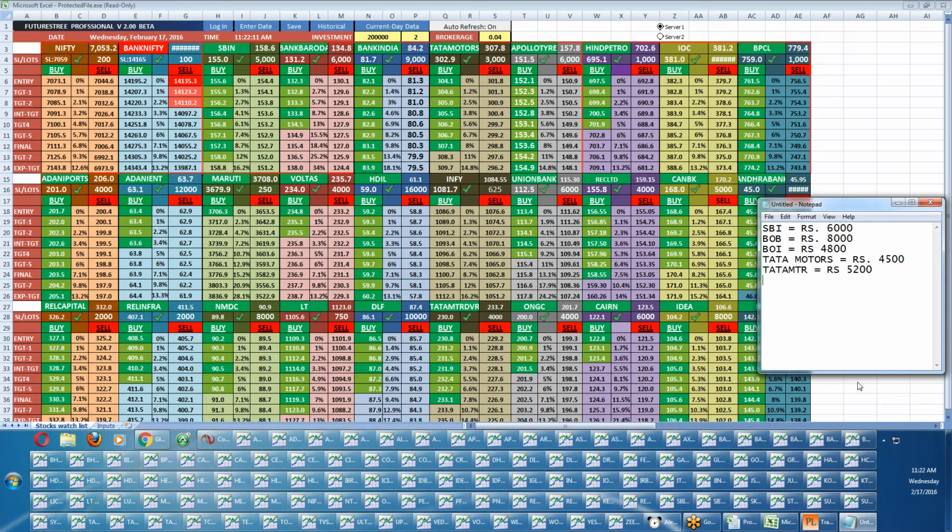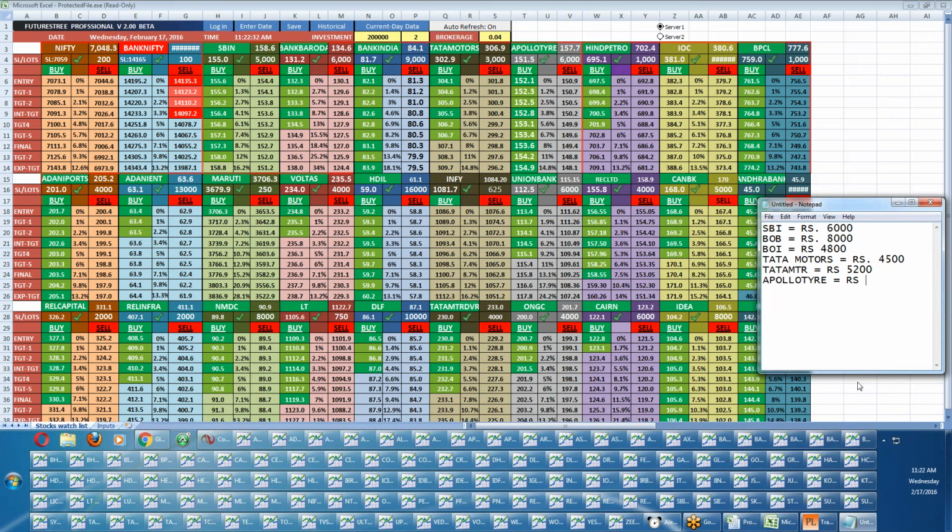And let's go to Apollo. So entry was 152.10.